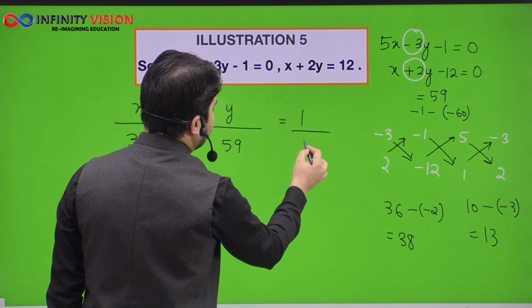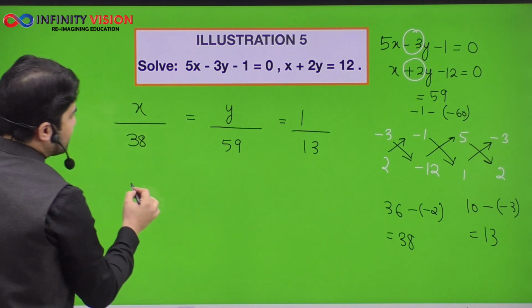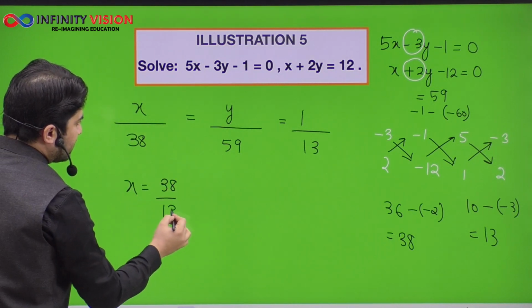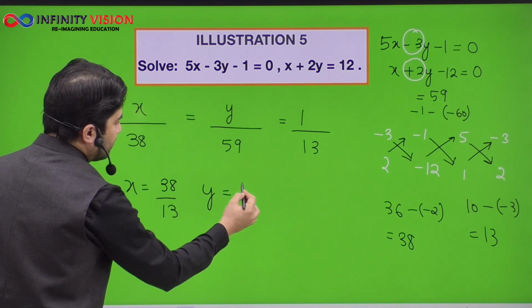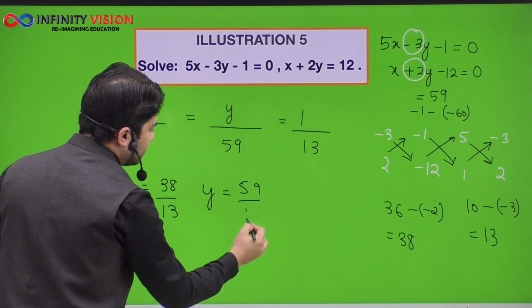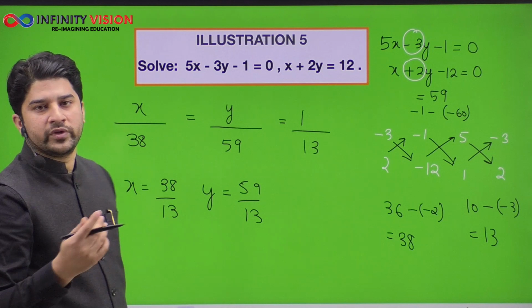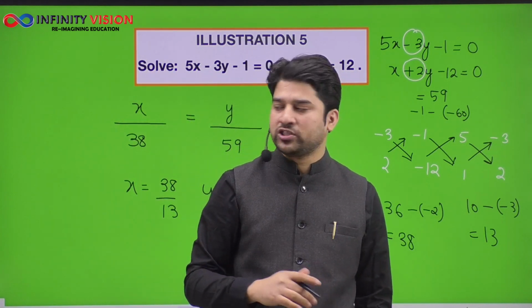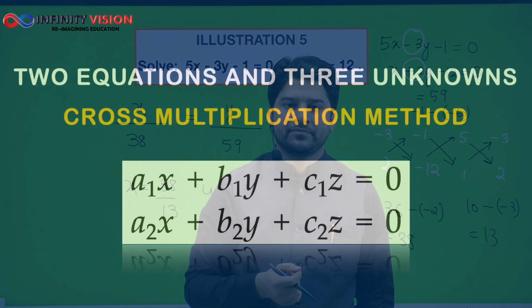So I'll write 13 here. So what's my x? My x is 38 by 13, and my y is 59 by 13. This is how we solve linear equations in two variables by method of cross multiplication, and it was very quick.